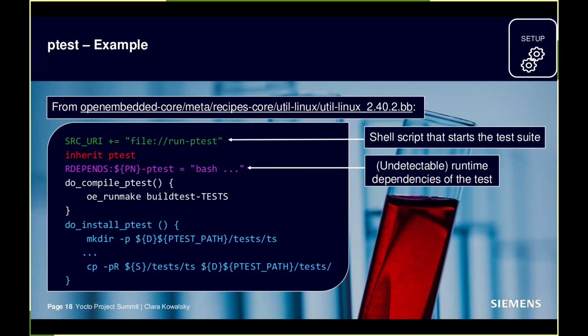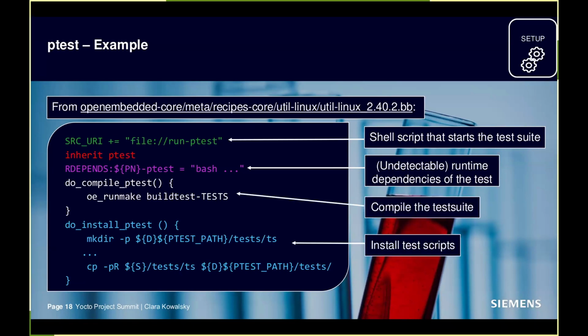We can name dependencies to certain packages which we need at build or at runtime to successfully execute the test. Then, if necessary, we can compile the Ptest, which is principally make test. And then we can install it to a specific path, the Ptest path.